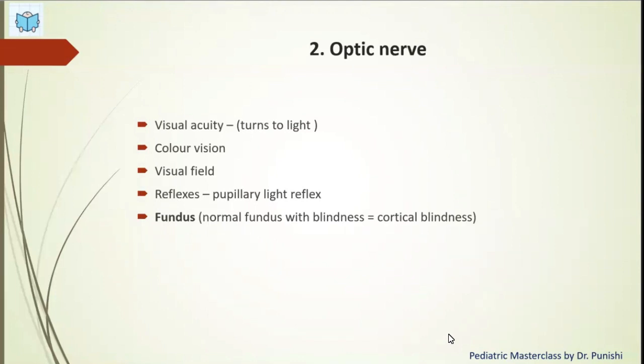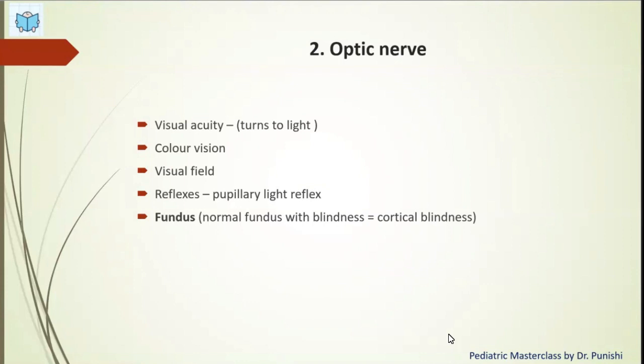Now, for visual acuity and color vision, you require comprehension by the patient and communication coordination. That often doesn't happen in a case of CP. So what you need to look for is the reflexes. You look for the pupillary reflex, and most importantly, you look at the fundus. Why is it important? Because if the child has impaired vision but has a normal fundus, then you would put the diagnosis as cortical blindness.